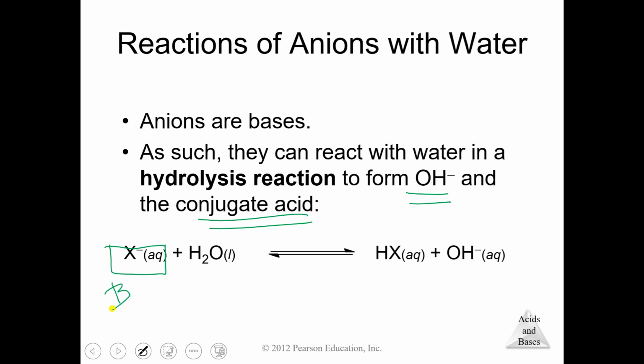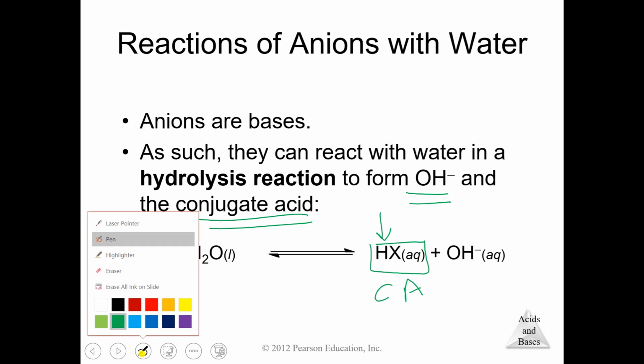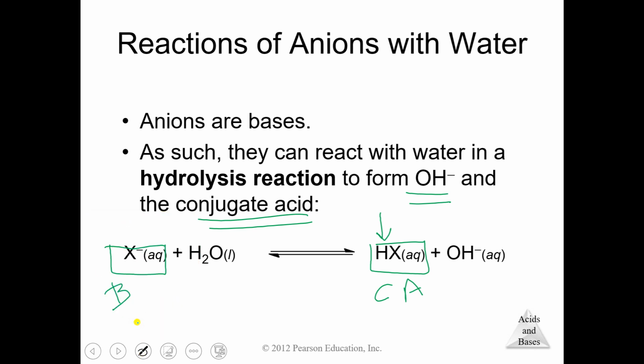If we look at the products, we can see that X absolutely did accept a hydrogen, and this is the conjugate acid. Likewise, if we look at water, which we don't include in the actual formula for Ka or Kb, it starts off with 2 hydrogens and winds up with only 1.